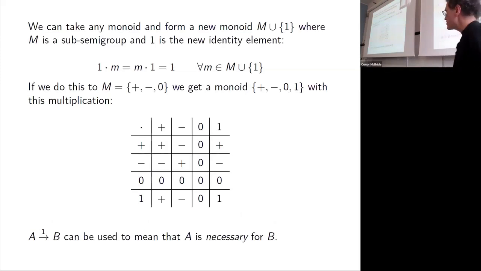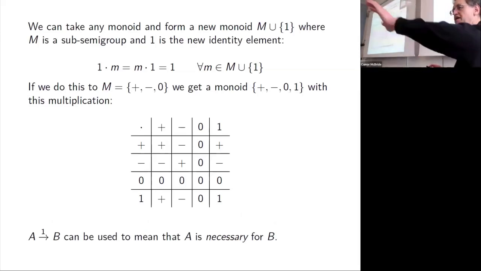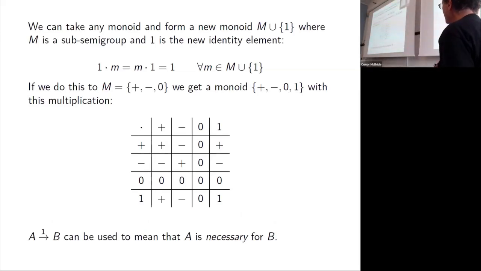But you can do other things. For example, you can take any monoid and create a larger monoid by throwing in a new identity element. Your monoid always has an identity element. A monoid has an associative operation and an identity. So if you throw in a new identity element, it displaces the old identity. That's not the identity anymore, because when you multiply the new identity with the previously existing identity, you get the previously existing identity.